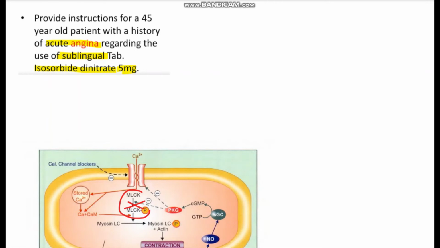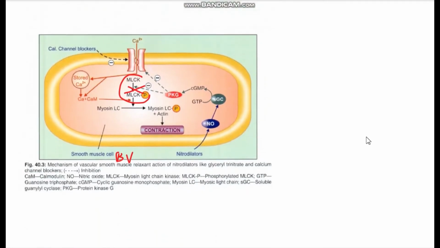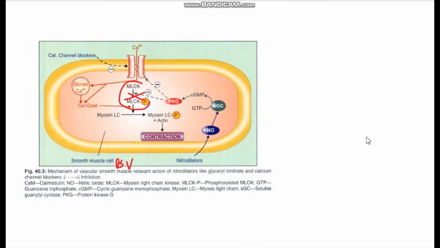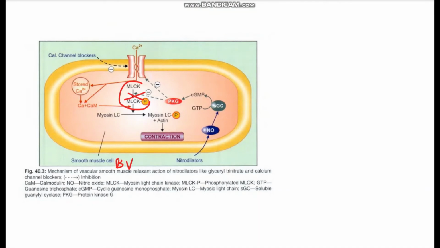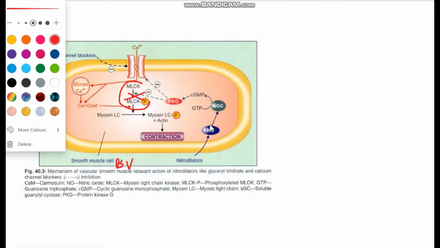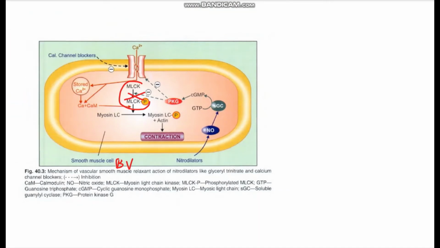So nitrate enters the blood vessels' smooth muscle cells. It does not enter your myocardial cells, but it enters the smooth muscle cells of your blood vessel. Once it enters, it gets denitrated to release something called nitric oxide.